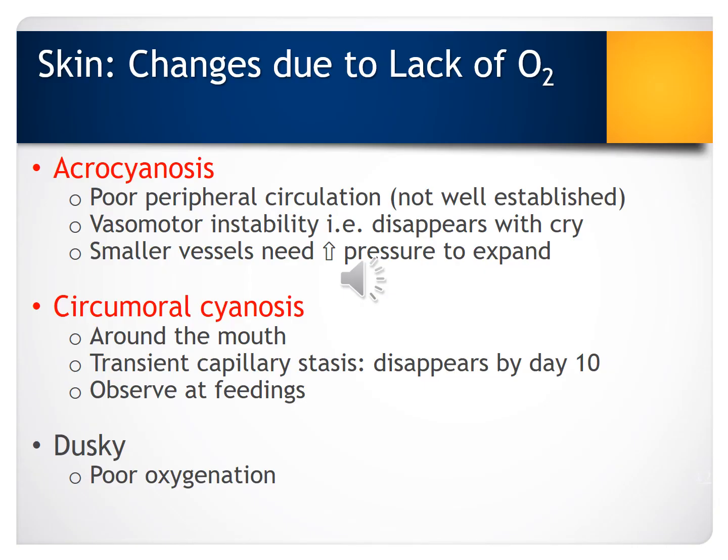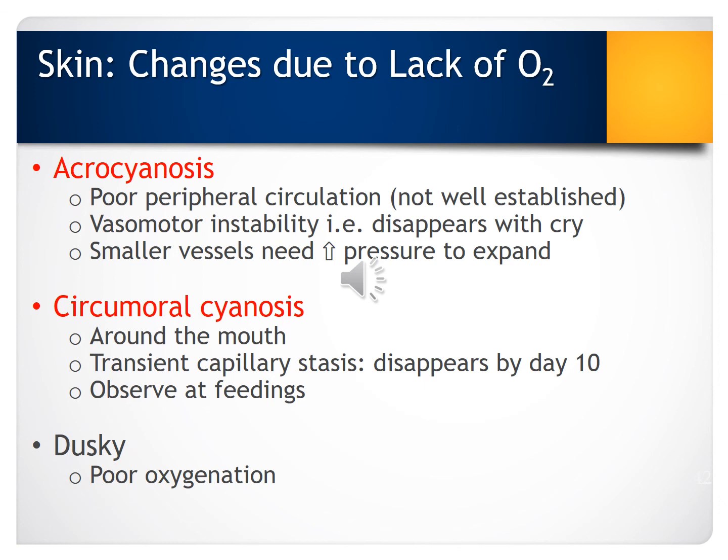There are some normal and abnormal skin changes due to the lack of oxygenation that occurs early in the newborn's life. Two terms that you should know and be able to differentiate are acrocyanosis and circumoral cyanosis.